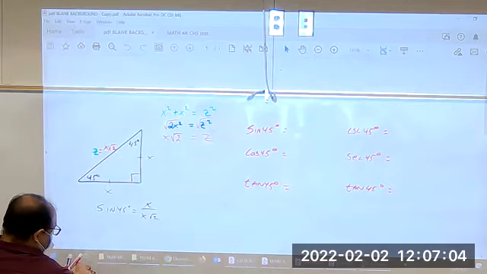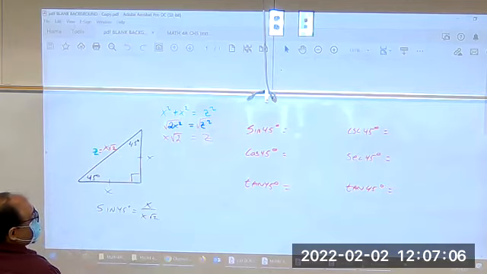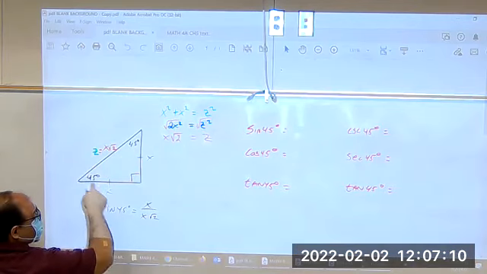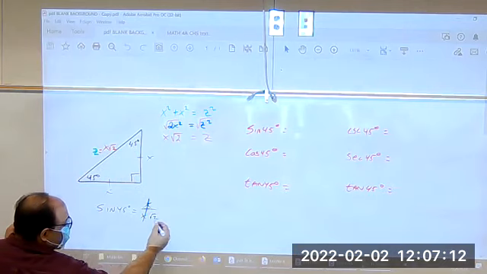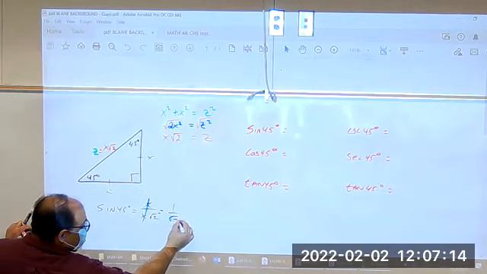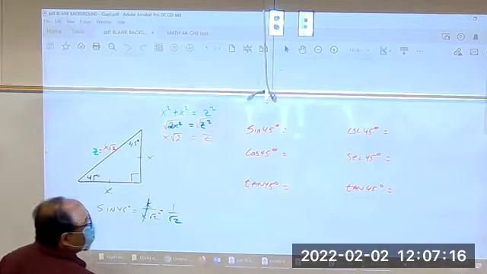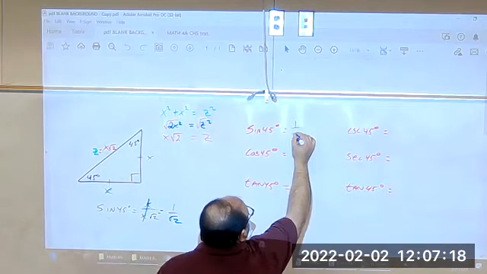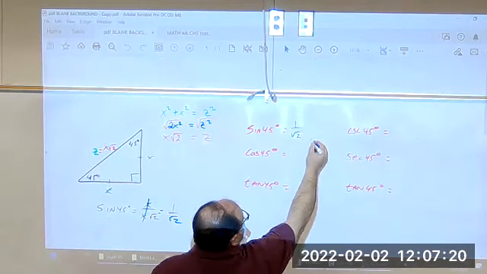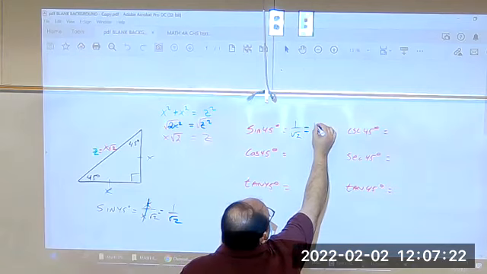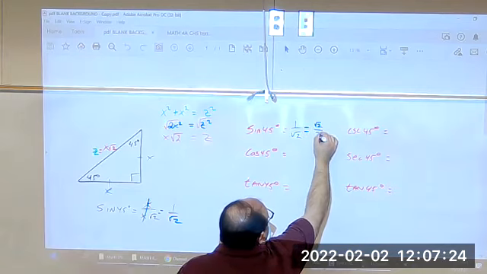The x's reduce, which means it doesn't matter how big you make this 45, 45, 90. These are the ratios of the sides all the time. So 1 over square root 2. Again, if you rationalize it, this would be square root 2 over 2.